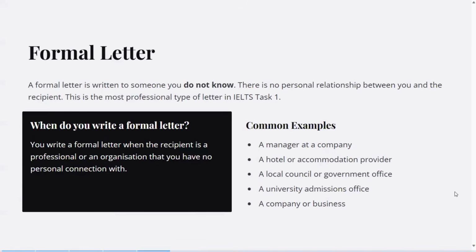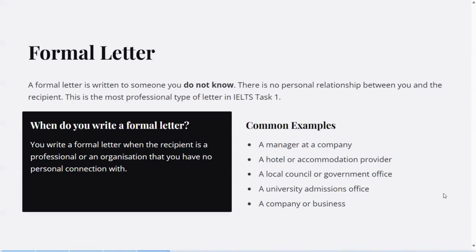A formal letter is written to someone the candidate does not know personally. For example, they might write to a manager, a company, a hotel, a local council, a university, or some administrative department. In this type of letter, the language needs to be polite, it needs to be professional, clear, and direct.